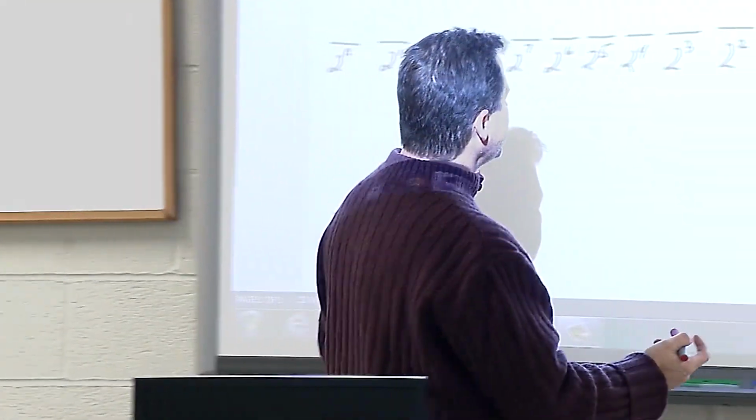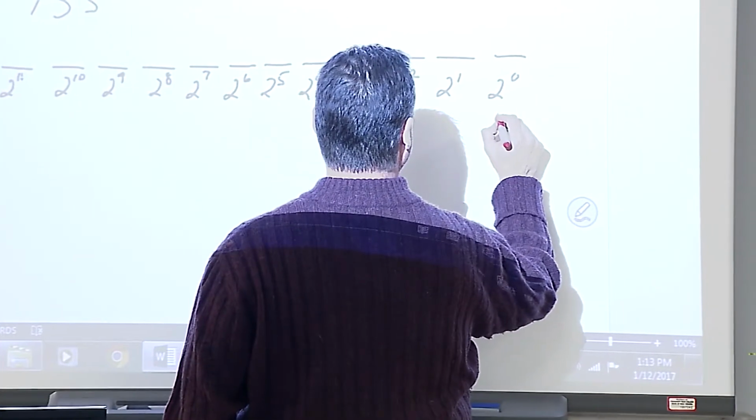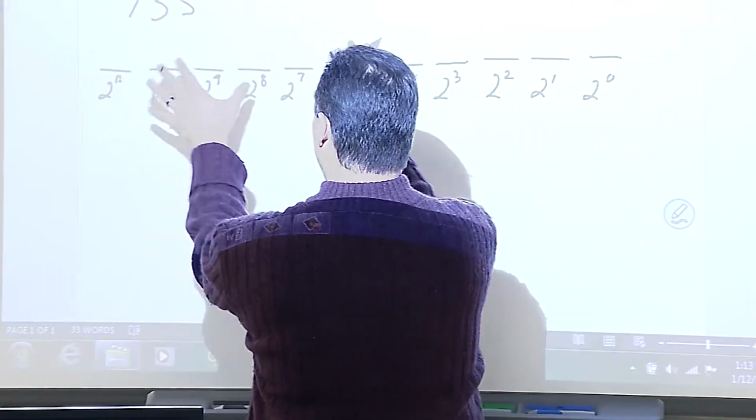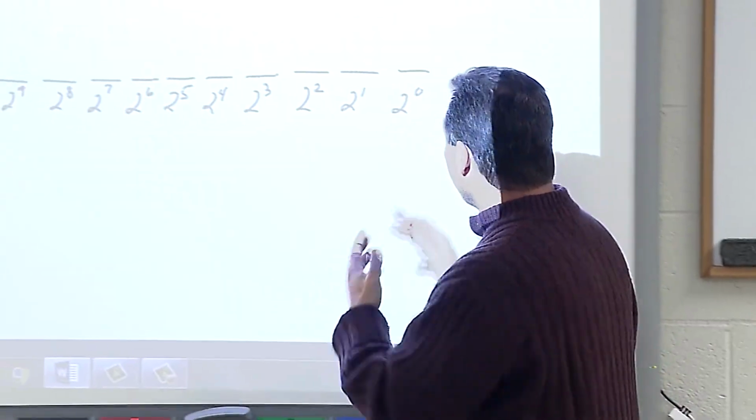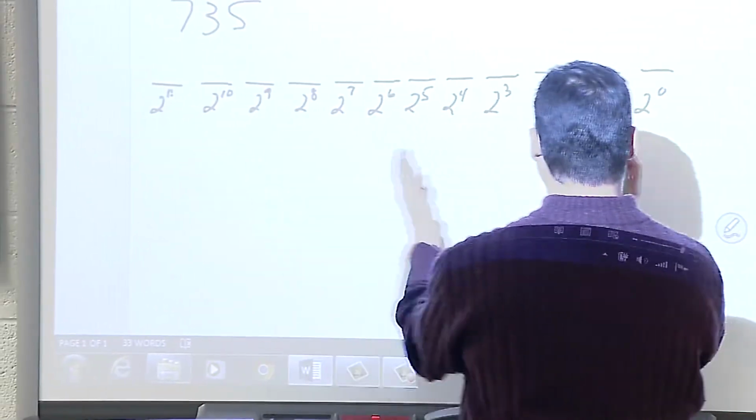Now, if we calculate these values, in other words, if all of these bits that we have represented up here were turned on, what would these values become and how would they add up?